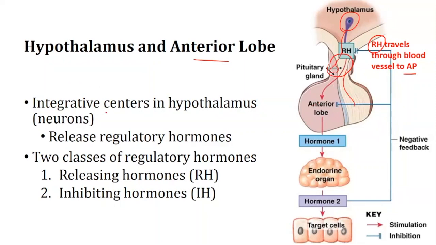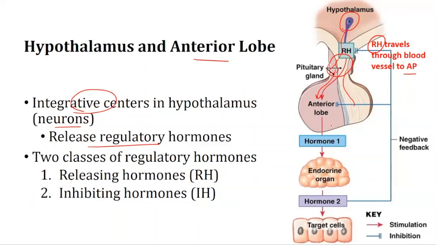So the hormones from the hypothalamus go into the integrative centers, the neurons in the hypothalamus, and travel through the neurons, but just halfway, and get released as regulatory hormones. These regulatory hormones travel to the anterior lobe and either induce or inhibit the production of other hormones in the anterior lobe.